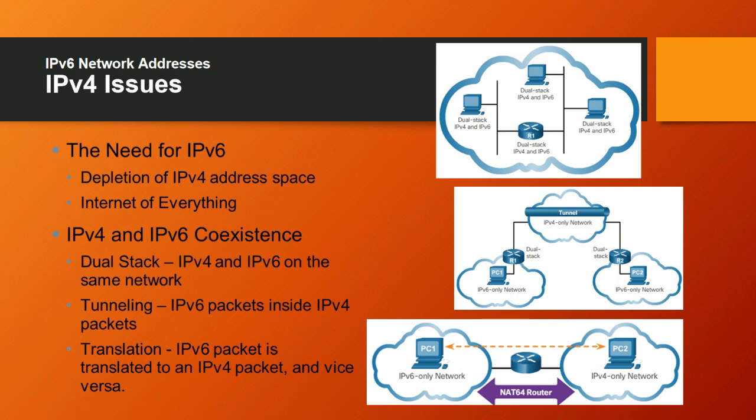IPv4 and IPv6 must coexist for some number of years, and their coexistence must be transparent to end users. If an IPv4 to IPv6 transition is successful, end users should not even notice it. A dual stack device is a device with network interfaces that can originate and understand both IPv4 and IPv6 packets.